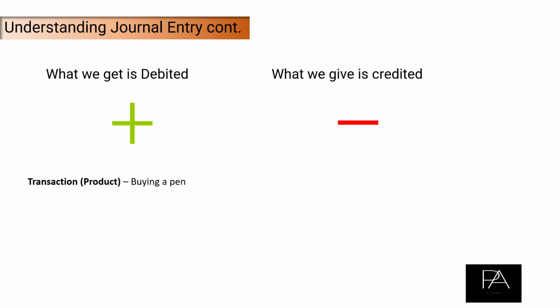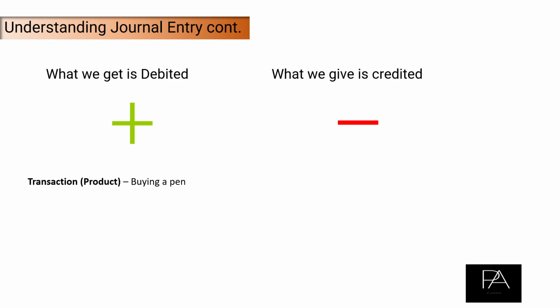So here I have taken a couple of examples related to products, services, or the promise to buy products or services. The first one I have taken is buying a pen. Remember, what we get is debited, what we give is credited. When you buy a pen, you get the pen and you give cash.